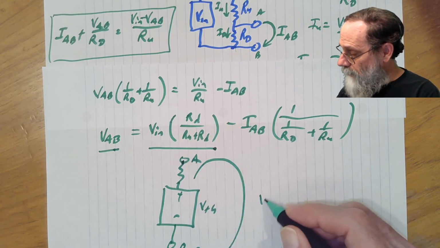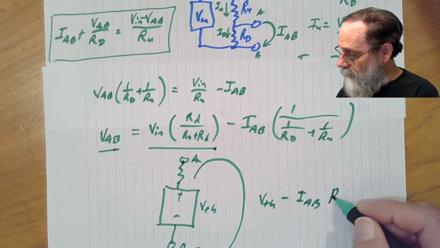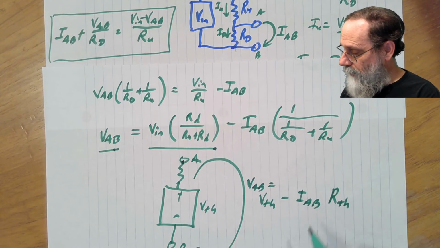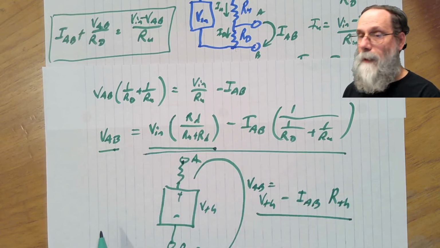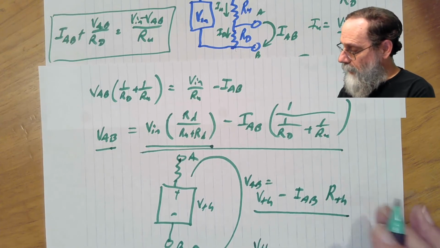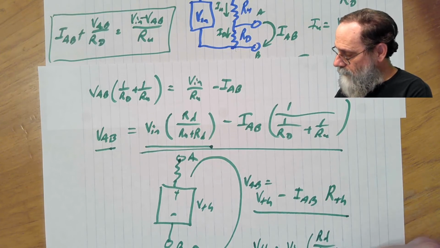So we're going to have V Thevenin minus IAB times R Thevenin is VAB. That's in the same form as we have up here. What we have is that the V Thevenin is Vn times RD over RU plus RD, and R Thevenin is 1 over RD plus 1 over RU.